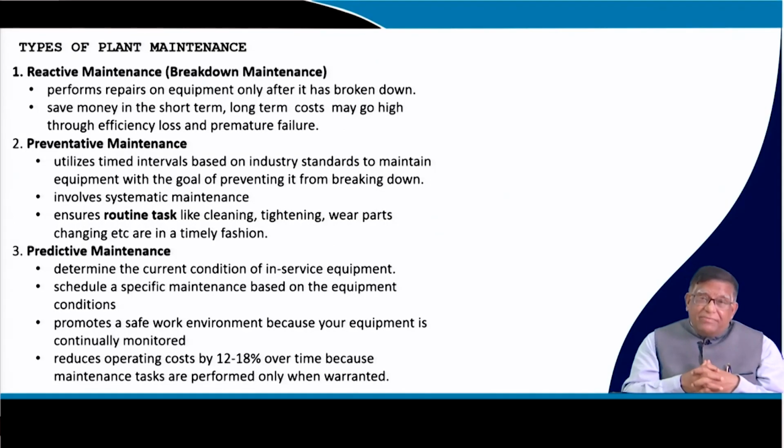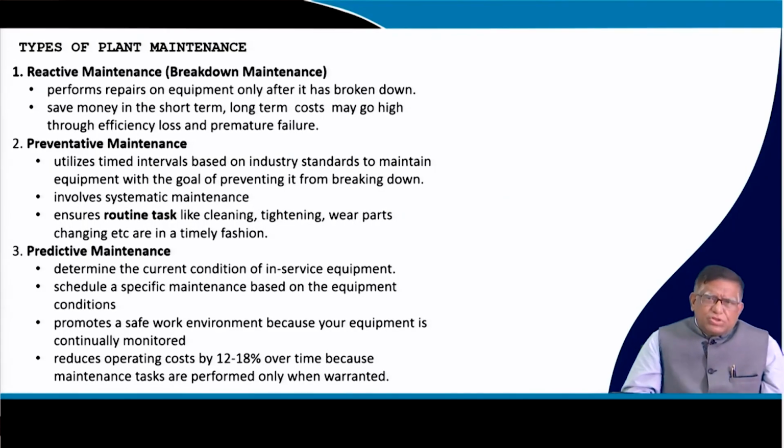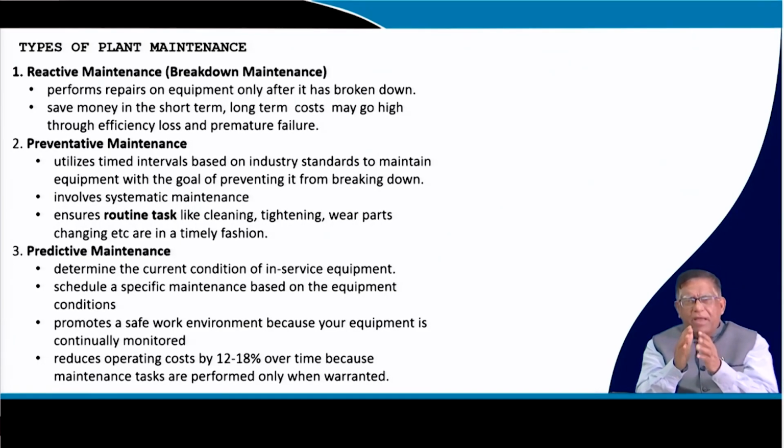But then came another strategy called predictive maintenance. In predictive maintenance, you do not stop all the time for doing all these routine tests. It may be that the nut is already tight, but you will have to go and check whether the nut is tight or not. That type of preventive maintenance you don't do. Instead, if the nut is loose, then that particular part will vibrate.